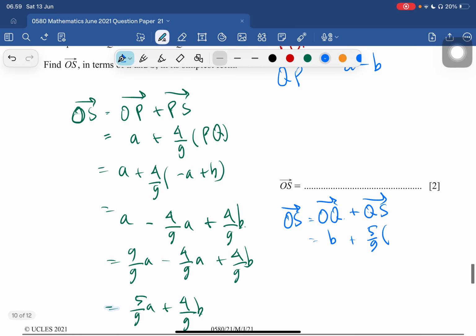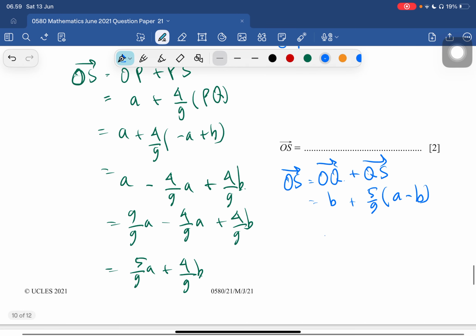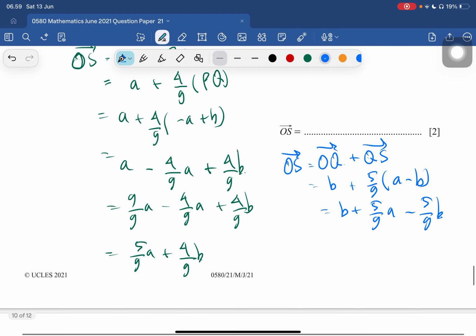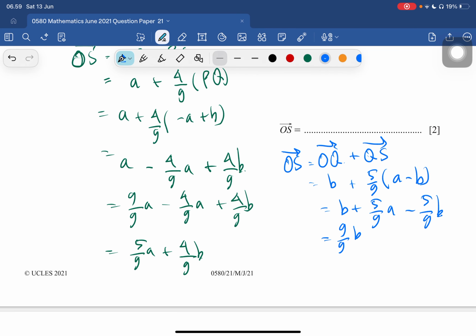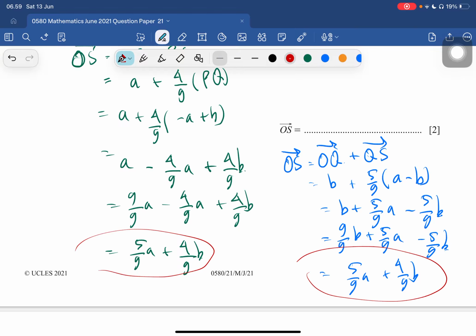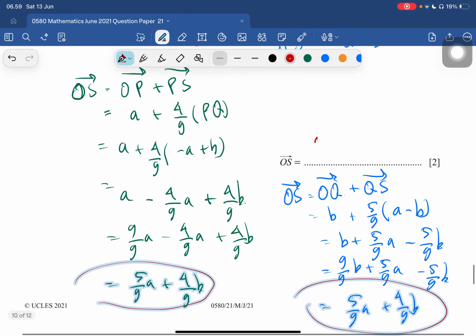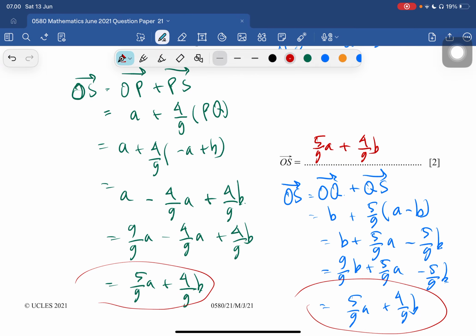QP is A minus B. So B plus 5 over 9 A minus 5 over 9 B. It's going to be 9 over 9 B and then 5 over 9 A minus 5 over 9 B. This is 5 over 9 A plus 4 over 9 B. Okay, so anyway, the answers are equal. So this is 5 over 9 A plus 4 over 9 B.